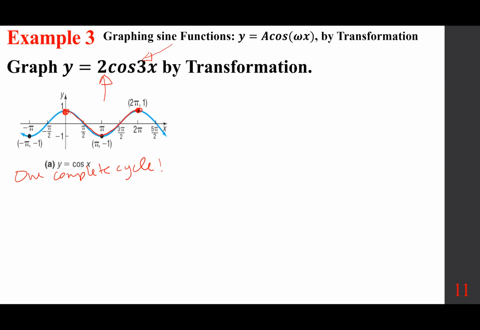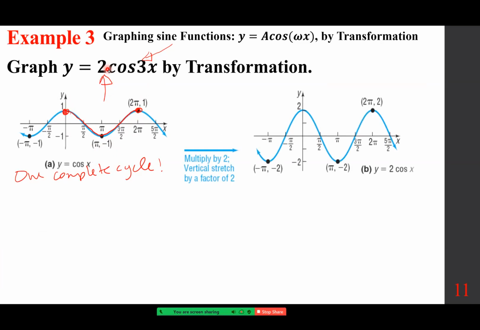For example, this 1 pi -1 becomes pi -2. 2 pi 1 becomes 2 pi 2. 0 1 becomes 0 2. So that's the effect of these two. So 2 cosine x, so multiply by 2.